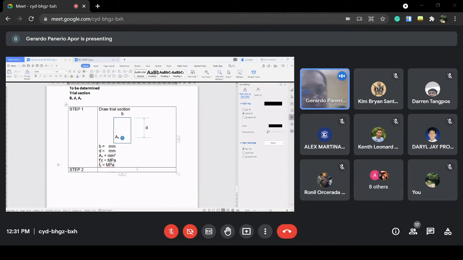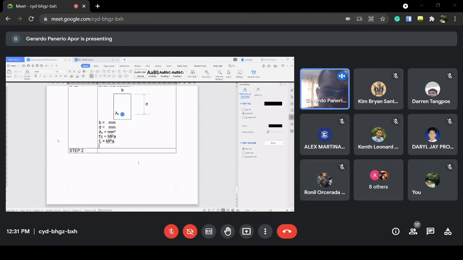So once you have that already, you have to calculate the MN, or call this nominal moment, MN, or the factored design moment, the phi MN.